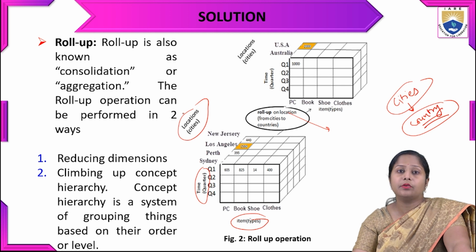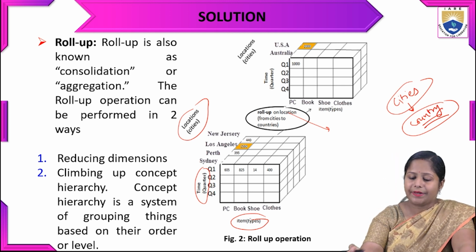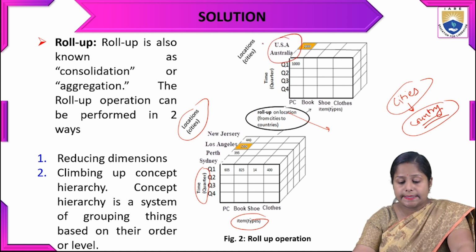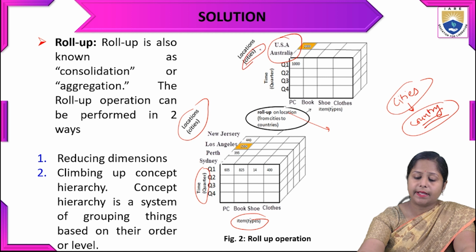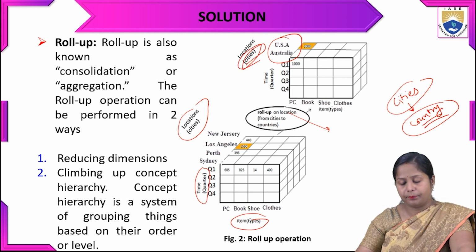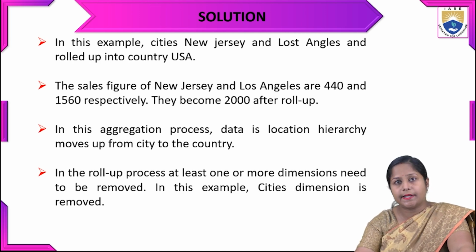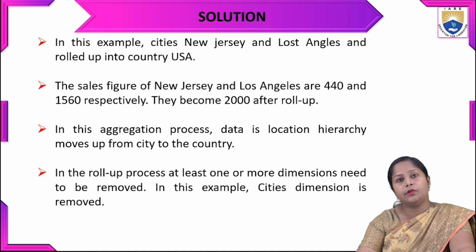But while we write the roll-up operation, we can see the view in the form of location country, so the city level is reduced. That is the importance of roll-up. Now in this example, the cities New Jersey and Los Angeles are rolled up into the country USA.